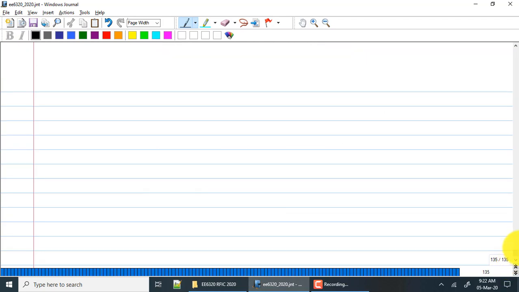So for any two-port, or in fact any N-port, this can be done for any N-port system. I will take the example of a two-port. So you have what are called S parameters.